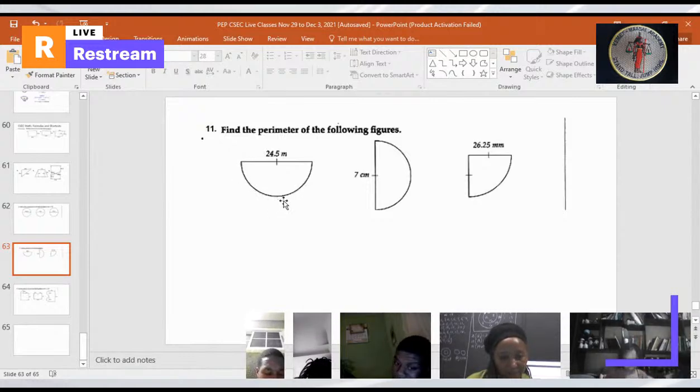The other half would have completed the circle. Follow? So we find the circumference, divide it by 2, and we'll get the curved part. For the full perimeter, we'd have to add this distance to it, which is the diameter.